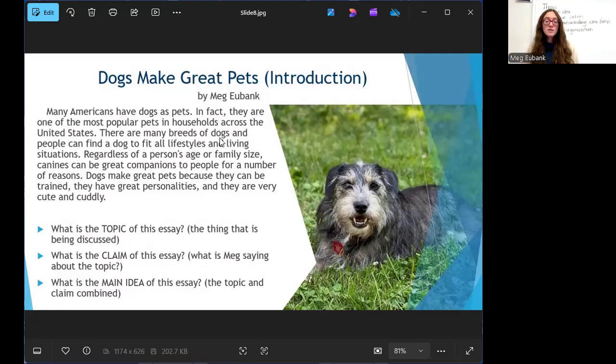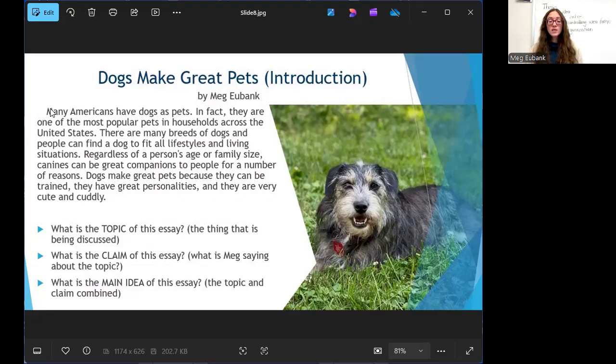Then there are many breeds of dogs. Again, that is a fact. And people can find a dog to fit all lifestyles and living situations. Okay, so this might now be the author giving a little bit of their opinion, saying that you could find a dog that would match up well with you. And now the author is saying that dogs can be great companions. They're great friends to people for a number of reasons.